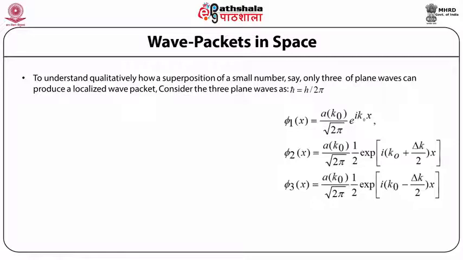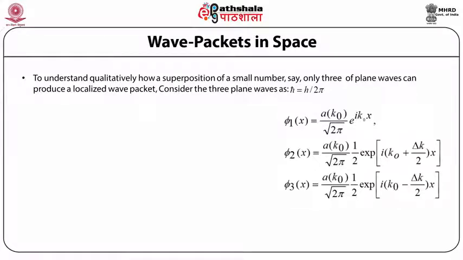The third wave is given by the wave function phi 3 of x and is equal to A of k naught upon under root 2 pi into half into exponential bracket open i within brackets k naught minus delta k by 2 into x bracket closed.